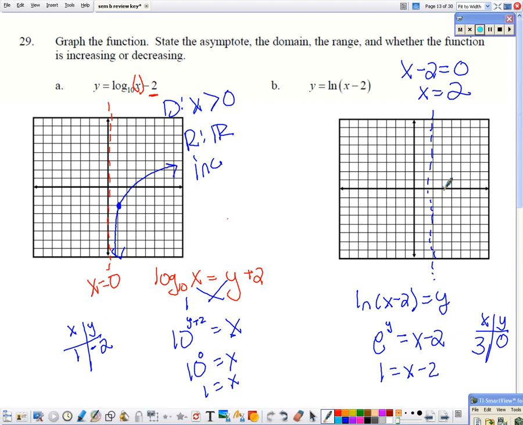So over 3, up 0. Graph goes this way and approaches our asymptote on the left. So the domain is x is greater than 2, range is all reals, and again this graph is increasing.